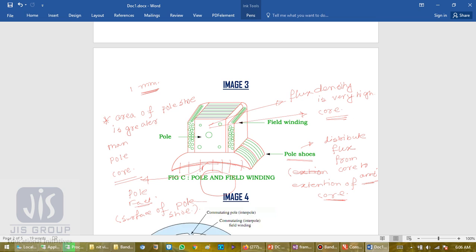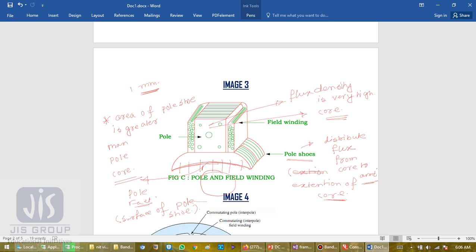The uniformity in the air gap between the pole face and armature surface also ensures that flux lines that leave the pole face perpendicularly also enter the armature at a 90-degree angle to the armature conductors placed in the armature slots.